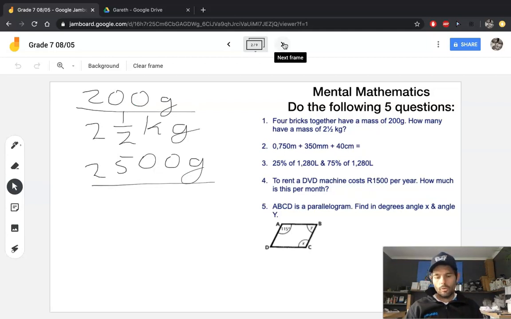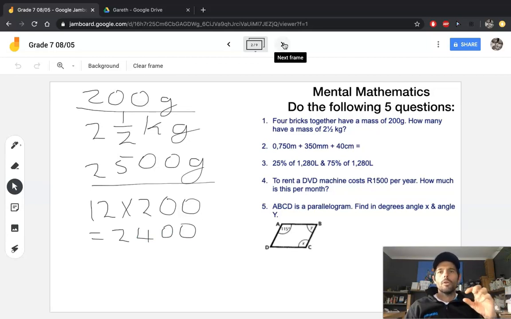And I know that 12 multiplied by 2 is 24, so 12 multiplied by 200 is going to give me 2,400, okay? So 12 groups of 200 go into 2,400. So there are 4 bricks in each 200 grams, so that must give me 48 bricks.